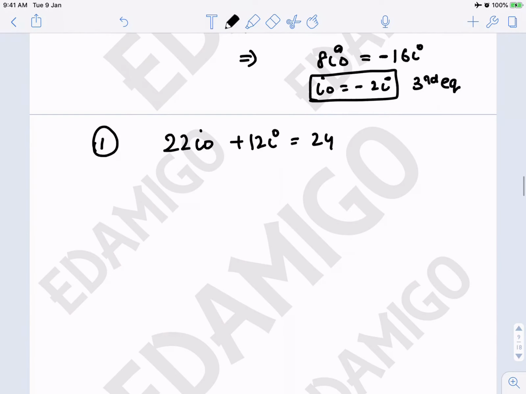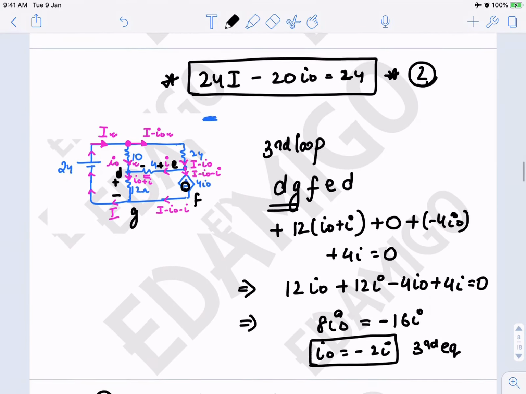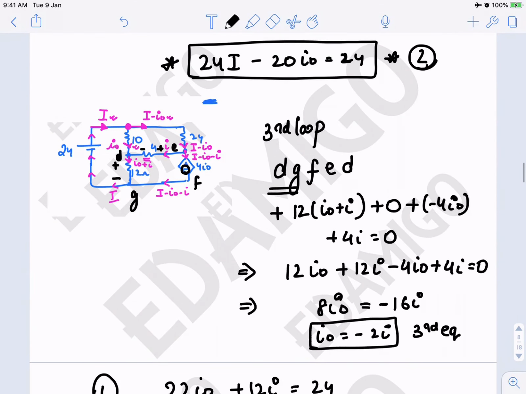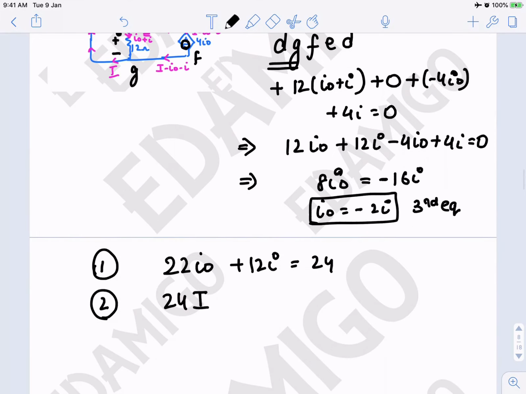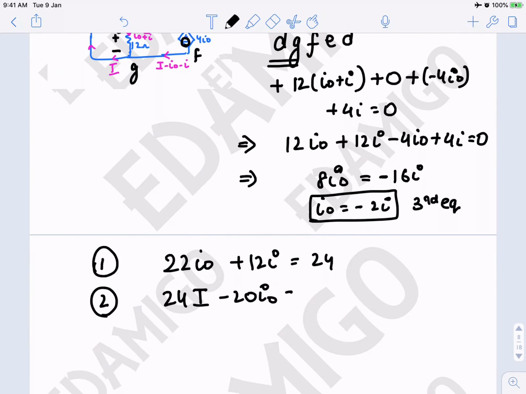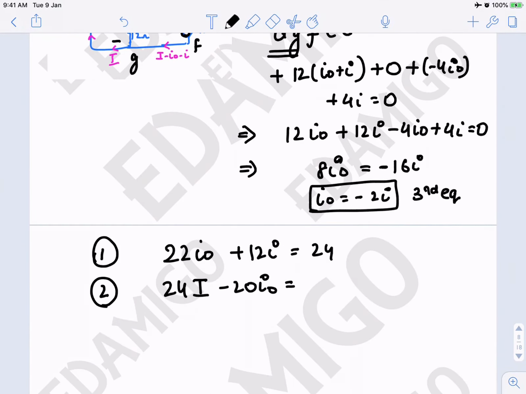The second equation is 24 capital I minus 20 I naught equals 24, and the third equation is I equals minus I naught by 2.